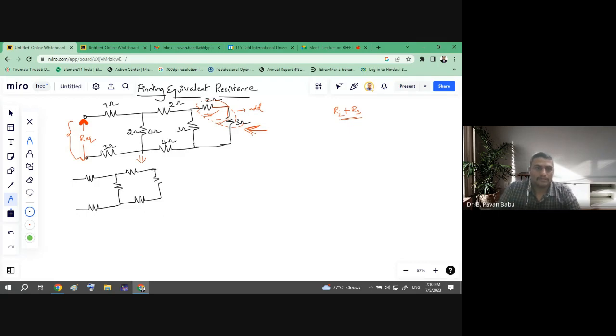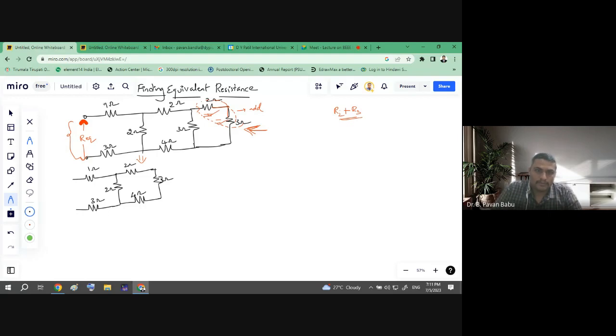So this is 1, 2, 3. Sorry, there is a small mistake here, so I erase this. Okay. So this is 1, 2, 3, and again 2 ohm resistor. This is 3 ohms, and this is 4 ohms.